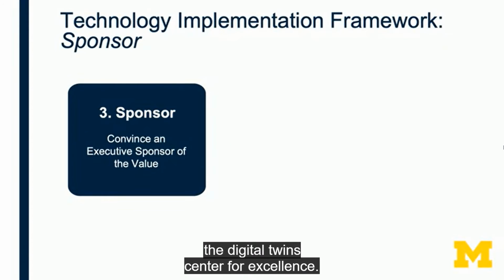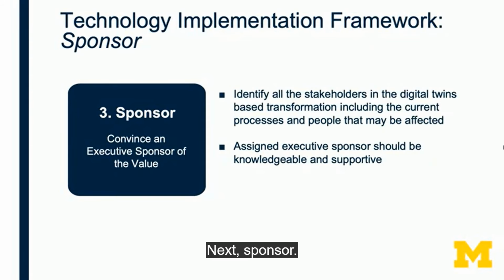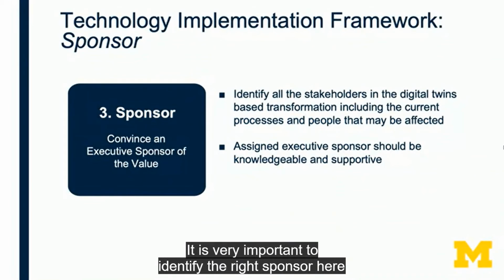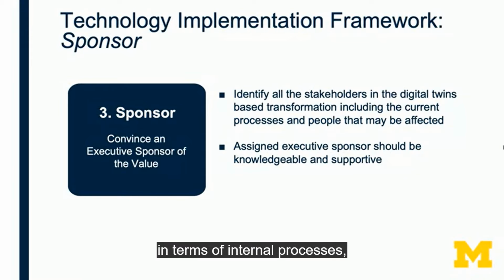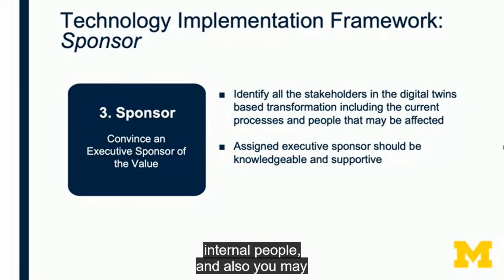Next, sponsor. It is very, very important to identify the right sponsor here, because often the digital twin projects, whether it is a product twin or a process twin that you're implementing, are going to involve multiple stakeholders, right? In terms of internal processes, internal people, and also you may directly deal with customer enterprises.